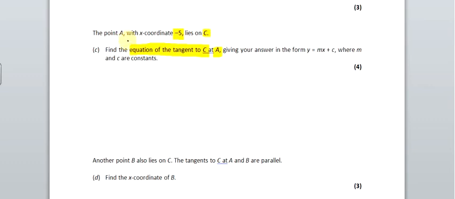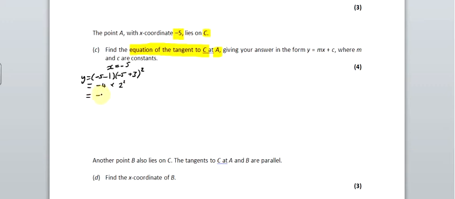Now we've got x equals -5. It's a good idea to start by working out what y is really, isn't it? So I'm going to use the factorized form here. So that is -5 plus 1, and then it's -5 plus 3 all squared, which gives us -4 times, and that gives us 2 squared.